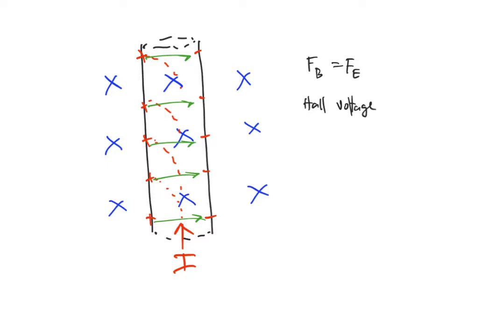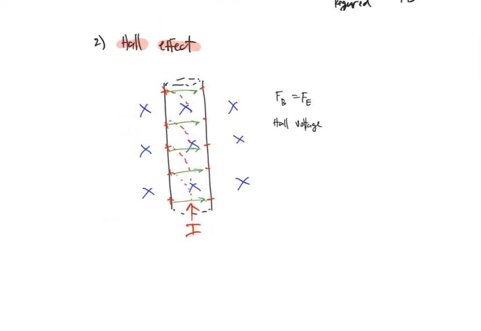So at the Hall voltage, the potential difference between the two sides of this conductor, the wire in this case, creates an electric field, or the electric field creates the Hall voltage, such that the magnetic force on the individual charges moving through the wire equals the electric force. It's the Hall effect.